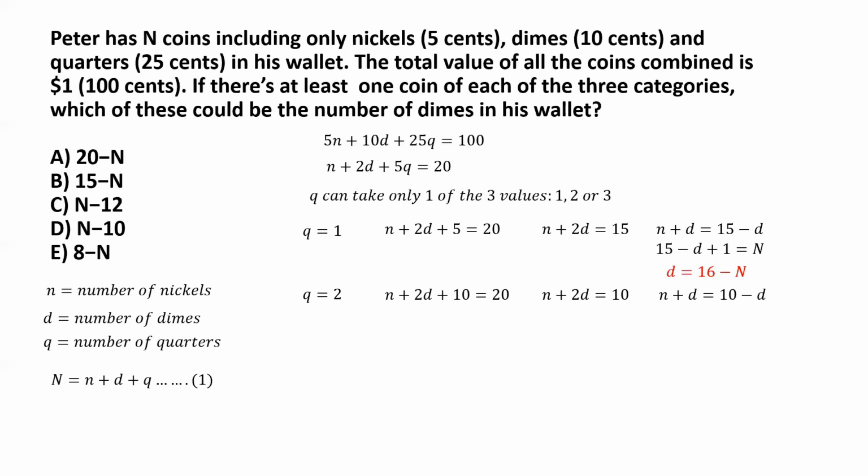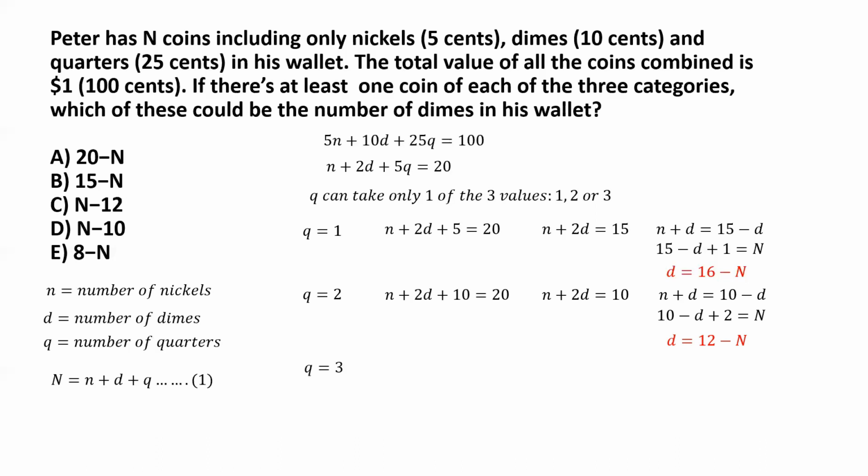Then again we subtract d from both sides of the equation, and we're left with n plus d is equal to 10 minus d. Once again, we go back to equation 1, we substitute n plus d equal to 10 minus d, and for this case q is equal to 2. So we end up with 10 minus d plus 2 is equal to capital N. And from this, it's easy to obtain d is equal to 12 minus N.